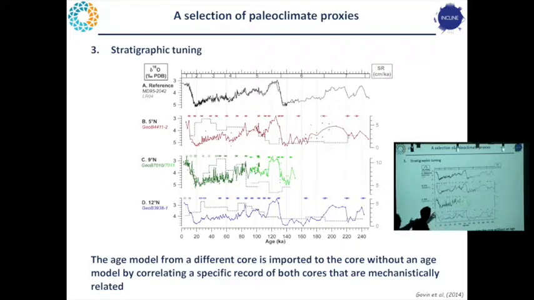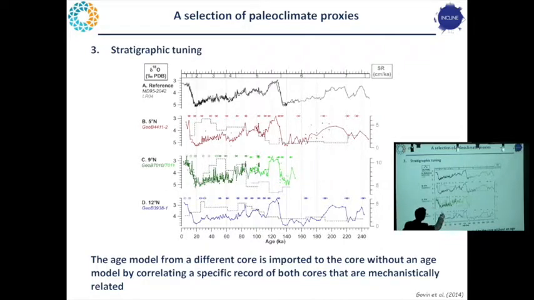So, in order to perform stratigraphic tuning, the age model of the record you are going to tune your record to has to be known by any other means, for instance, thorium dating or whatever possibility.